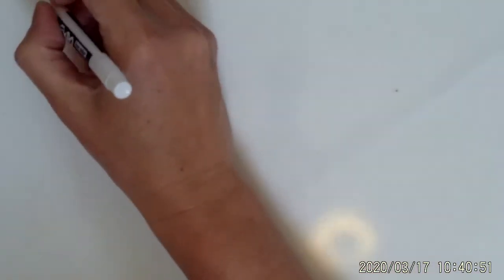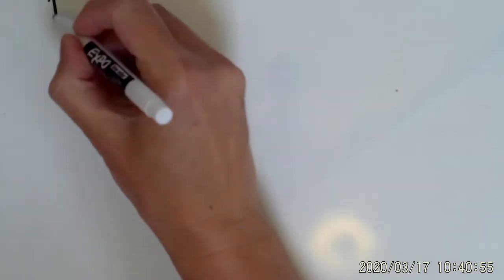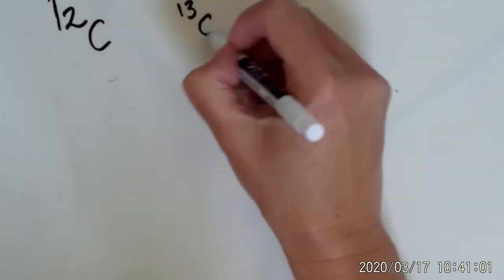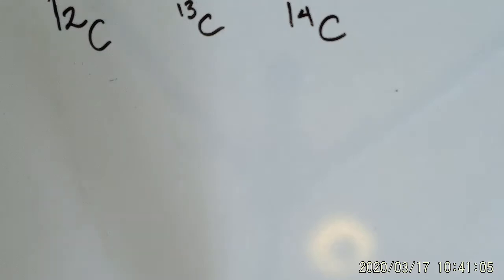Okay, let's talk about nuclear stability. When we talk about nuclear stability, one of the facts is that while we look at something like carbon-12, carbon-13, and carbon-14, carbon-12 and carbon-13 are stable isotopes.